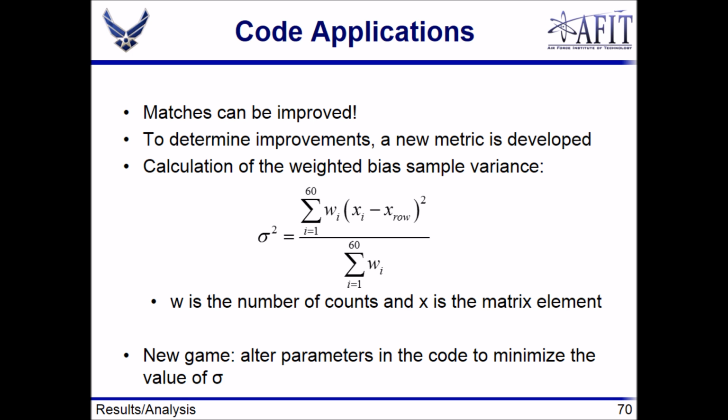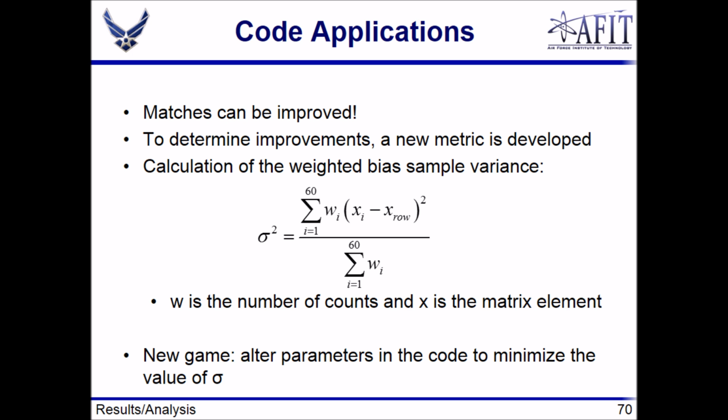Essentially, what we're doing is we're weighting the distance off of center that each of the classifications achieve in the matrix. And so I take the row and the column for each different report, and then I weight that, and W in this equation is the number of counts, and X is essentially the matrix element that corresponds to that particular classification.